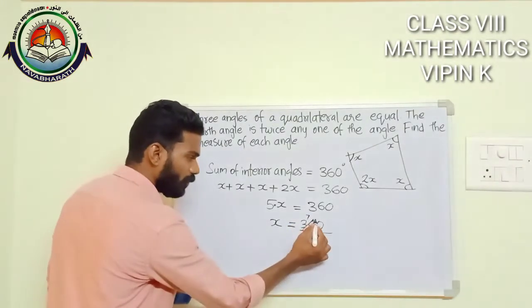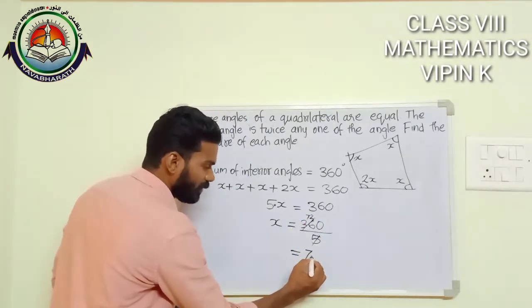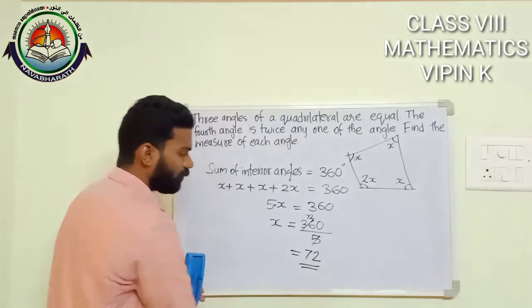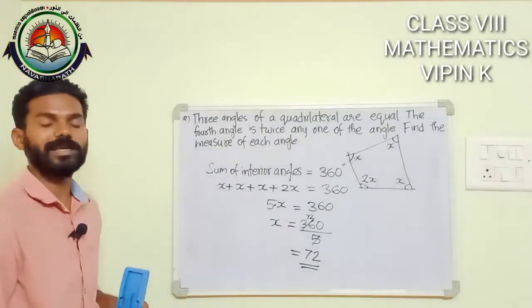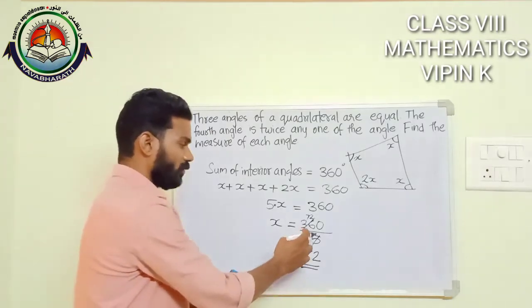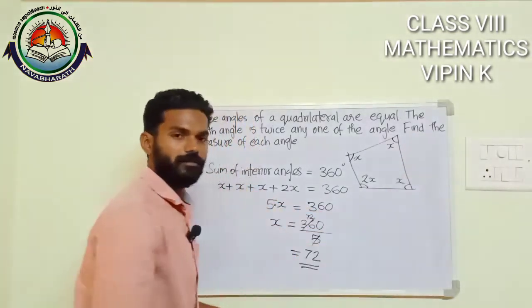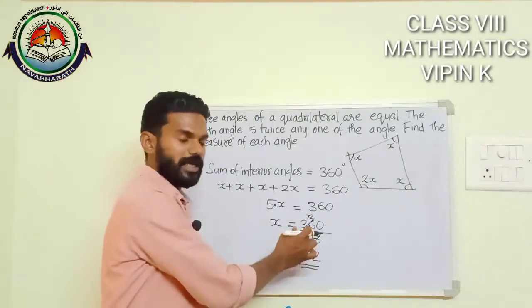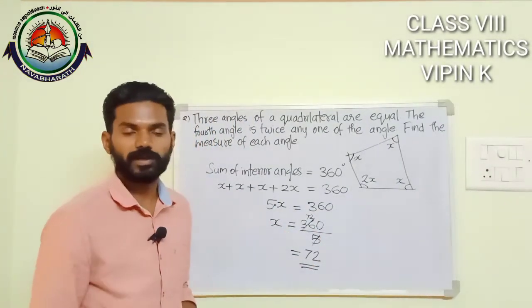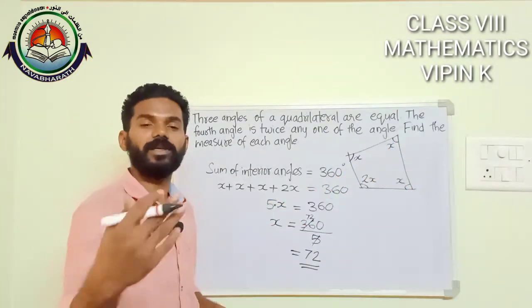Thereafter a 1 would be here, and on 10 it would be 2. So the answer would be 72. X is equal to 72. You can do this calculation in the working column, and you would be getting the answer as 72. Clear?